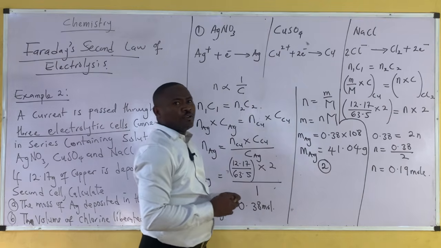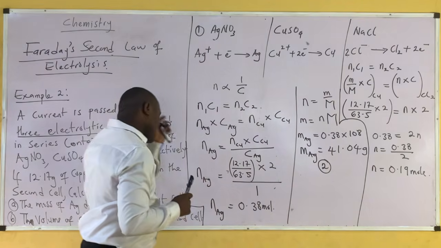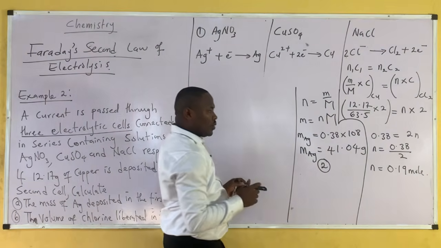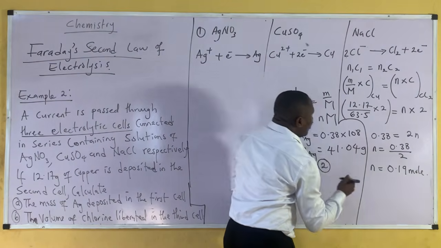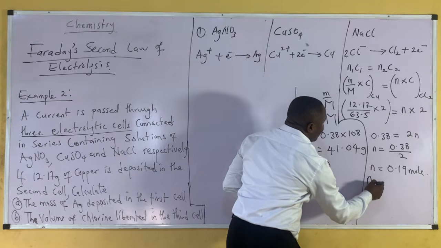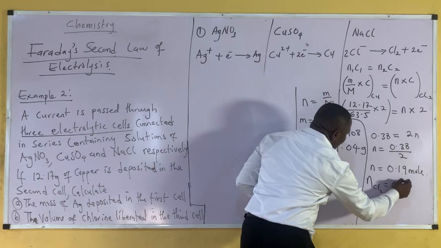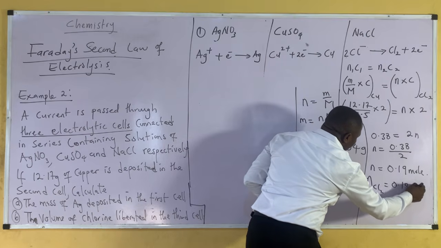Now, what am I looking for? The question asks us to calculate the volume. We have found that the mole of chlorine gas is 0.19 mole.